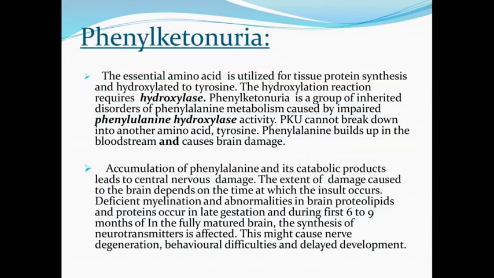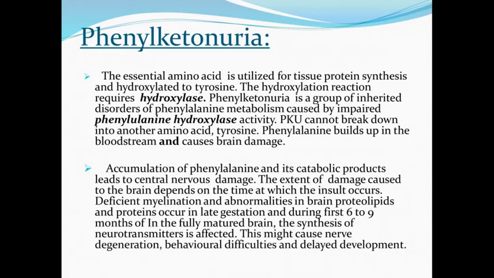What is phenylketonuria? The essential amino acid phenylalanine is utilized for tissue protein synthesis and hydroxylated to tyrosine. The hydroxylation reaction requires phenylalanine hydroxylase. Phenylketonuria is a group of inherited disorders of phenylalanine metabolism caused by impaired phenylalanine hydroxylase activity.